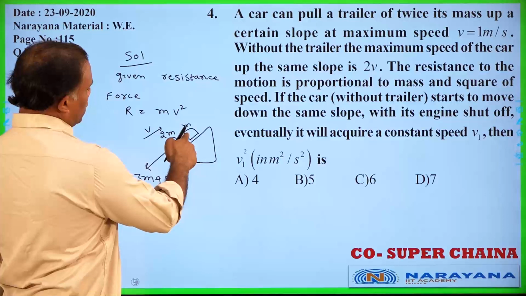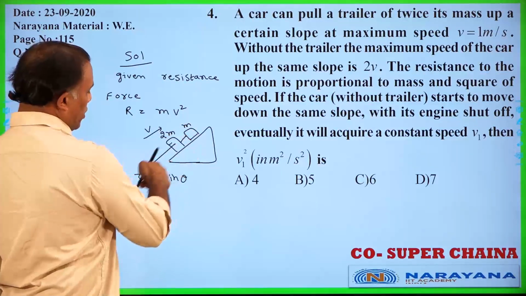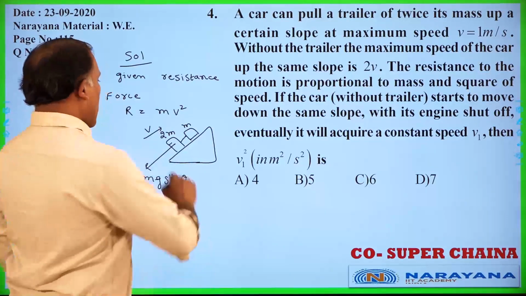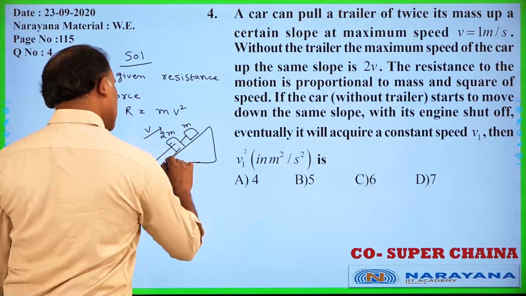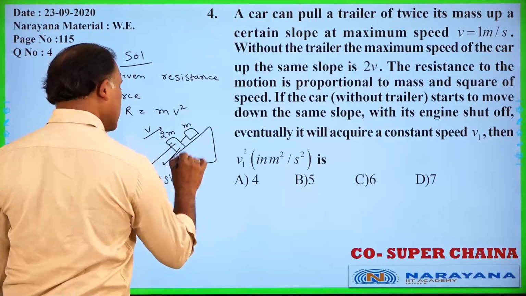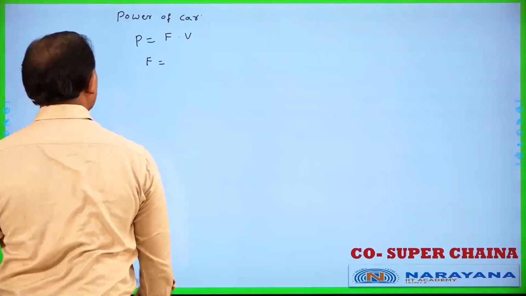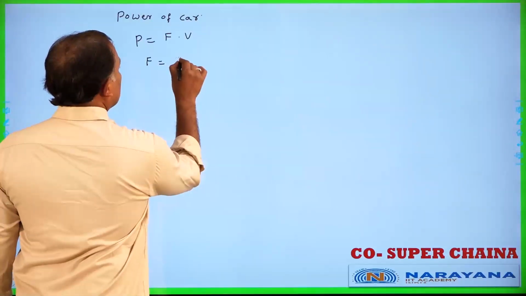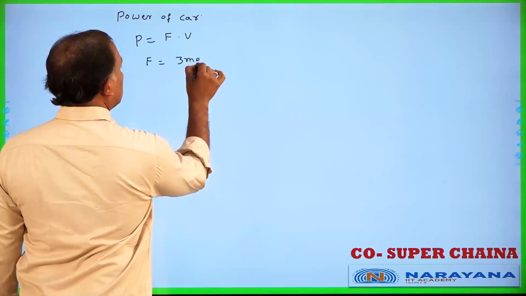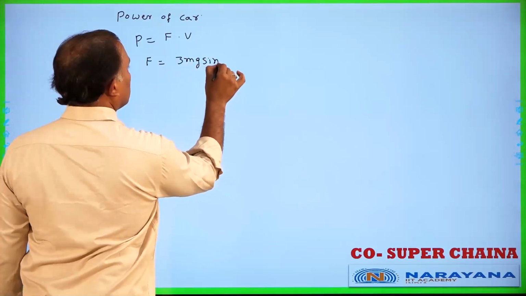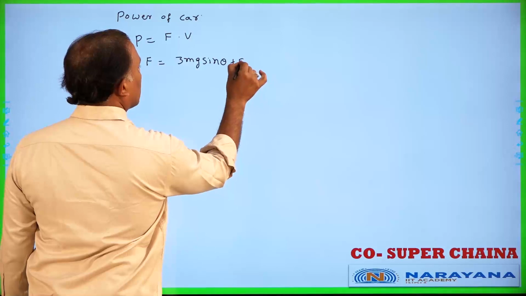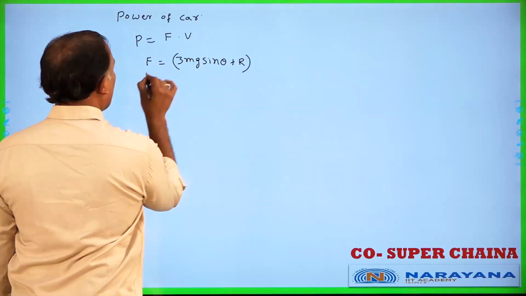See here, mg sine theta, 2mg sine theta, total 3mg sine theta. And as the block is moving this side, the resistance force is also downward. Then what is the total sum of the force? F is equal to 3mg sine theta plus resistance.